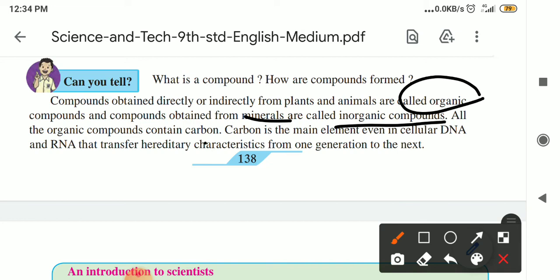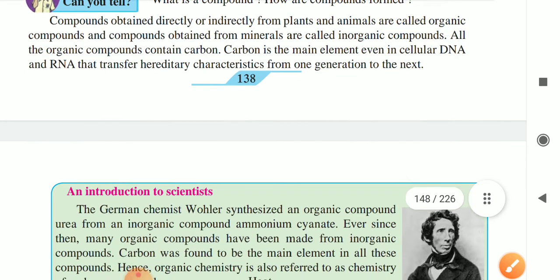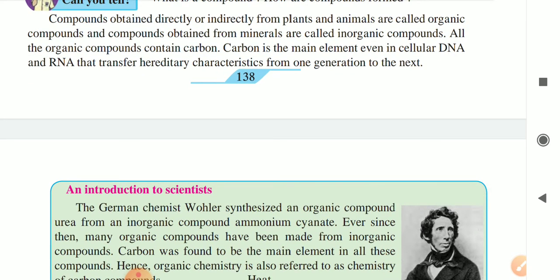All organic compounds contain carbon; organic means plant and animal products are made up of organic compounds. Carbon is the main element of DNA, deoxyribonucleic acid. Inside RNA also carbon is present, which transfers hereditary characters from one generation to the next.